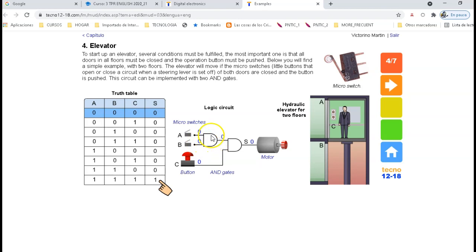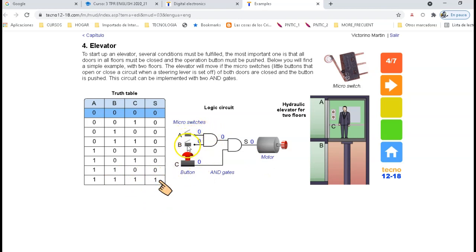This one is an AND gate. If I have 1 here, 1 here, I obtain 1 here. If either of these two is in 0, I obtain 0 here. So the motor will not work. But the next condition is that the person presses the button C to move the motor. So in case A and B are in the 1 state and C is also in the 1 state, that is the only combination for having the motor working.